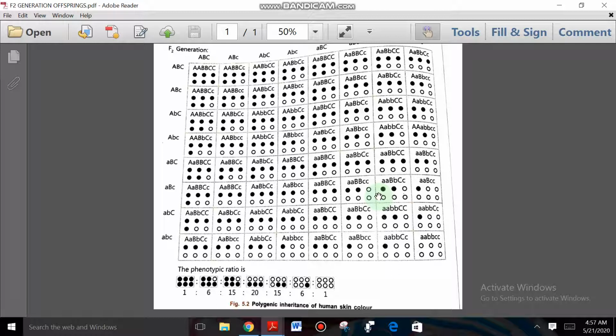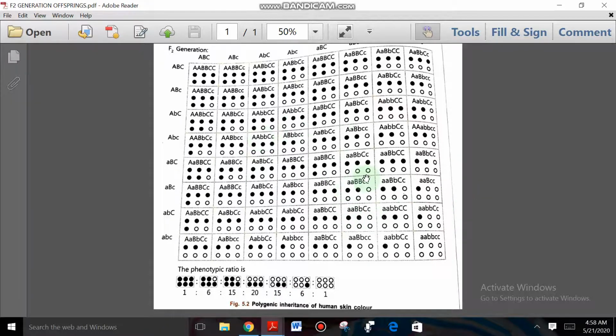In F1 generation, intermediate skin color. In F2 generation, there are different types of colors. Different colors means what? More dark, more light, less dark, less light, and intermediate, like that. So in total 64 offsprings are formed.